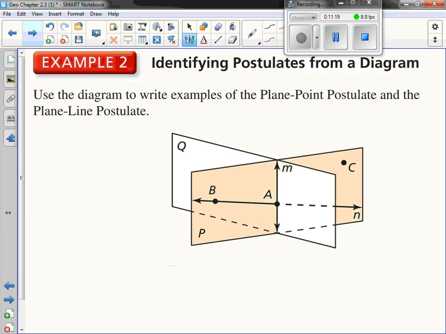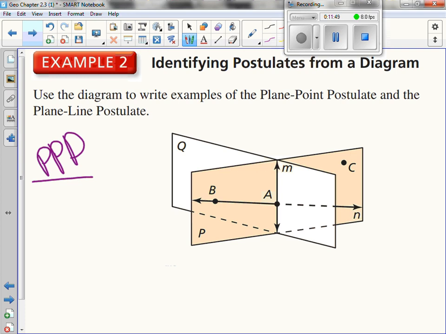Use the diagram to write examples of plane point postulate and plane line postulate. Plane point postulate. So what does plane point postulate say? If there exists a plane, in any plane there exists 3 points that aren't on the line.